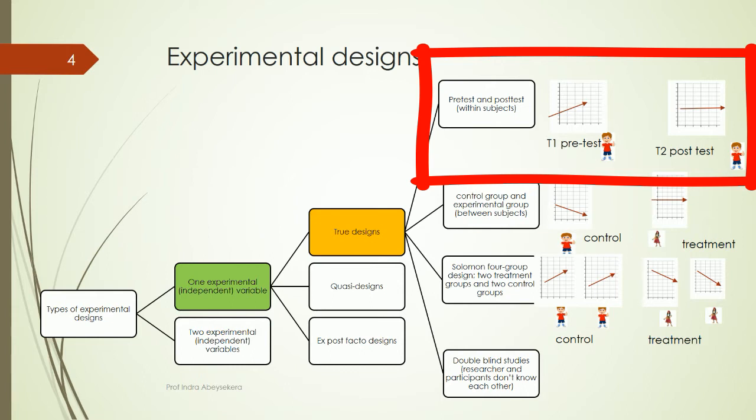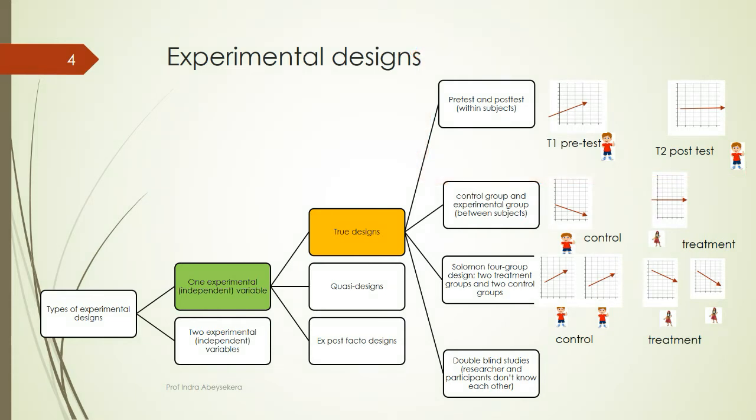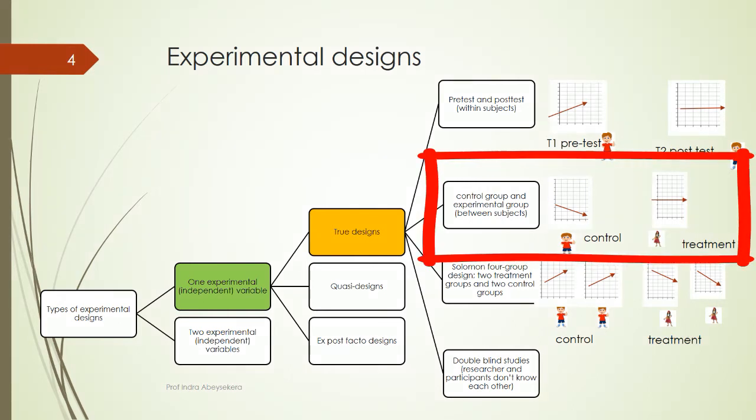The second, under the true design, is in the same period, we have a control group where there's no manipulation of the independent variable, and a treatment group where the independent variable is manipulated.